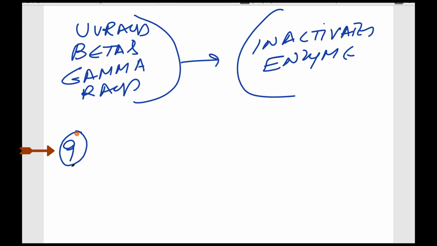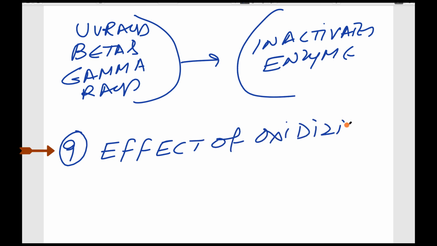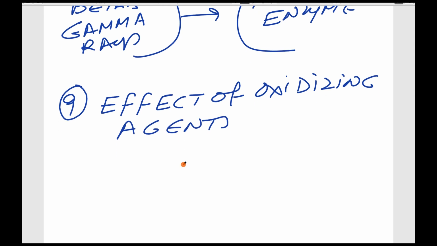Finally, effect of oxidizing agents. Many enzymes contain amino acids such as cysteine and methionine at the active site.